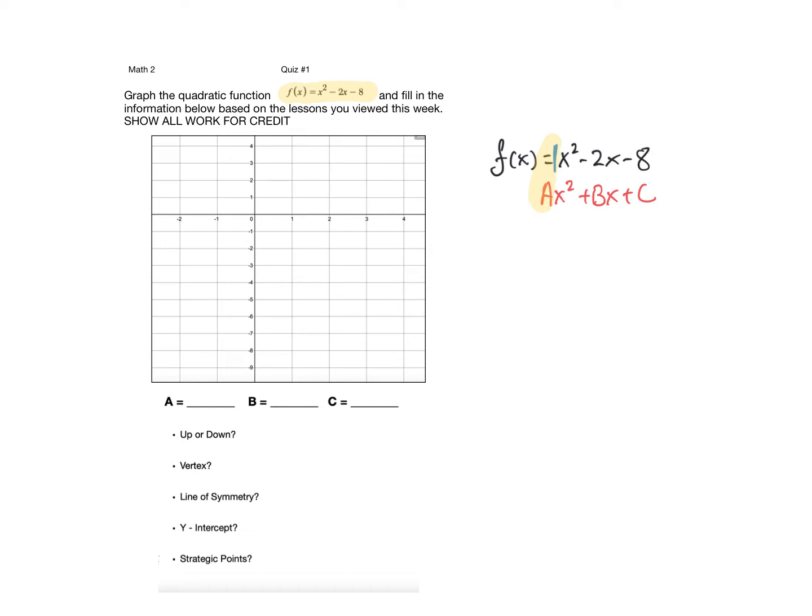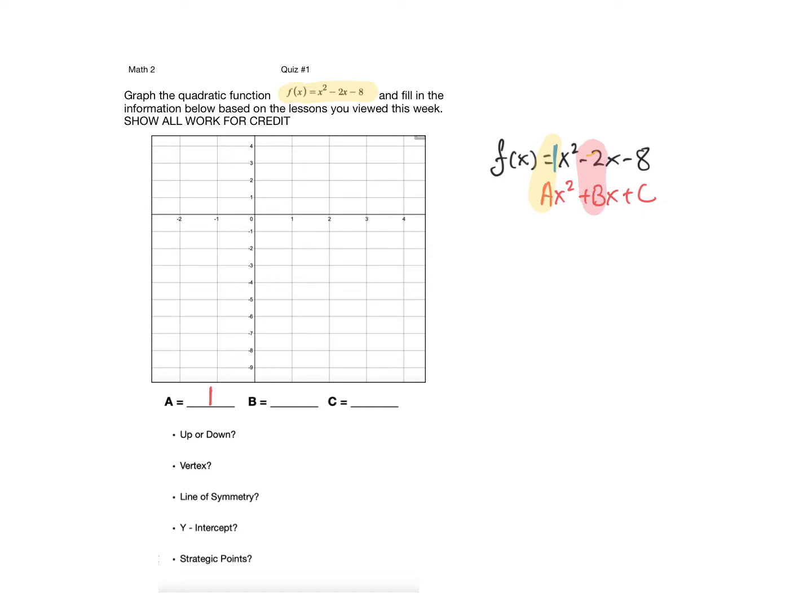So therefore I'm going to put a 1 right here. And we can also see that the number in front of just the regular x is going to be a -2.